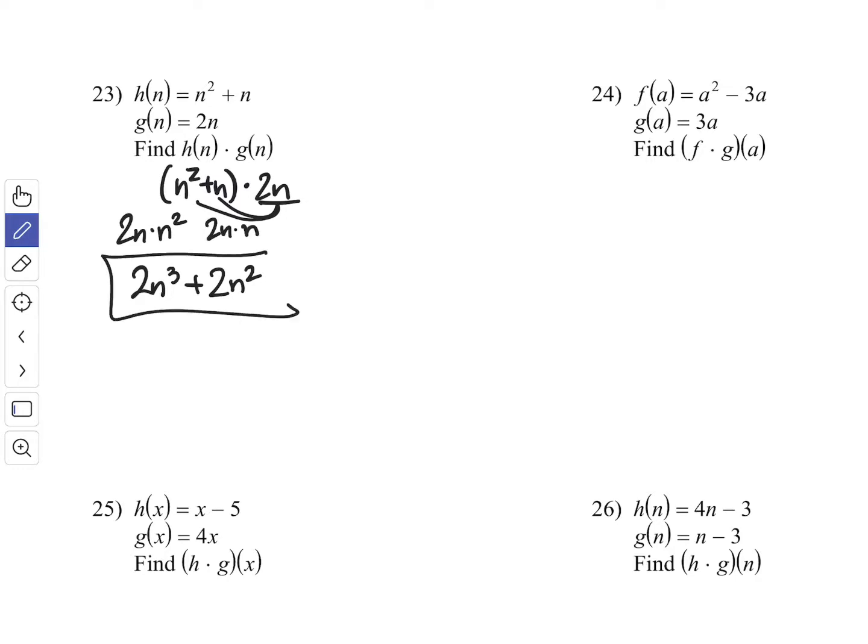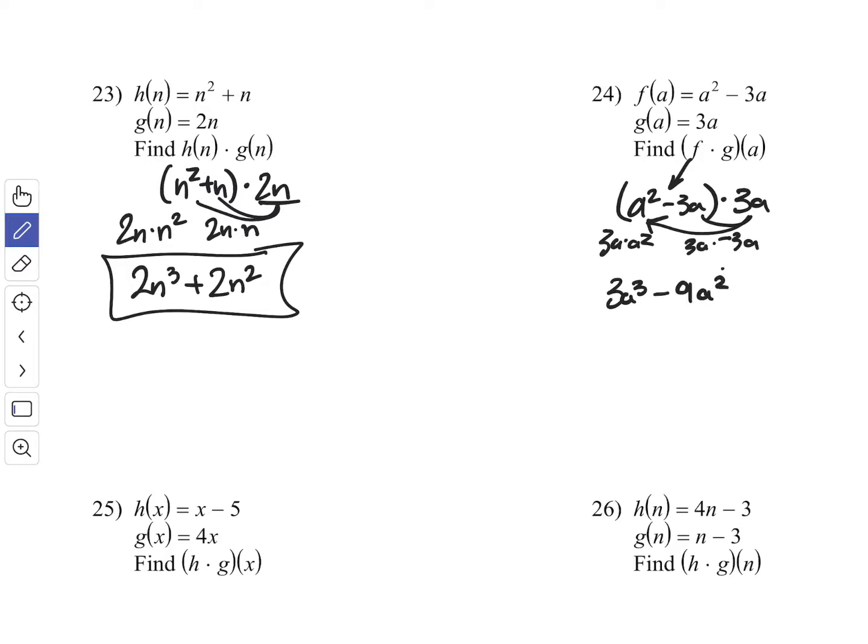Can't combine those. There's my result. Those ones are a lot easier to deal with than the other ones, because we just have to distribute. So 3a times a squared is 3a cubed, and 3a times negative 3a is negative 9a squared. Can't do any more to that.